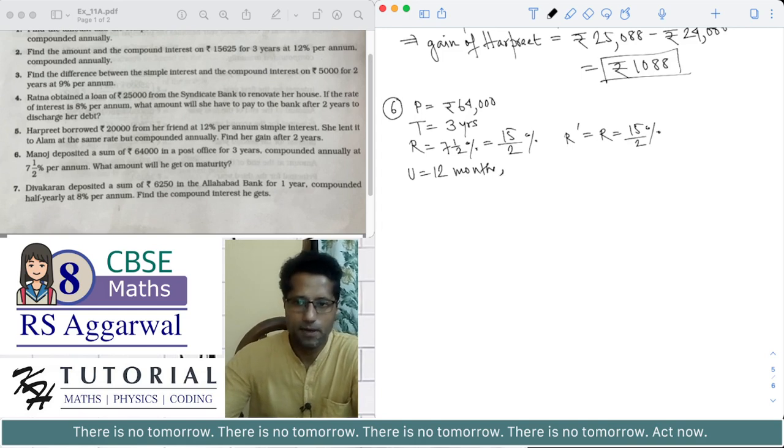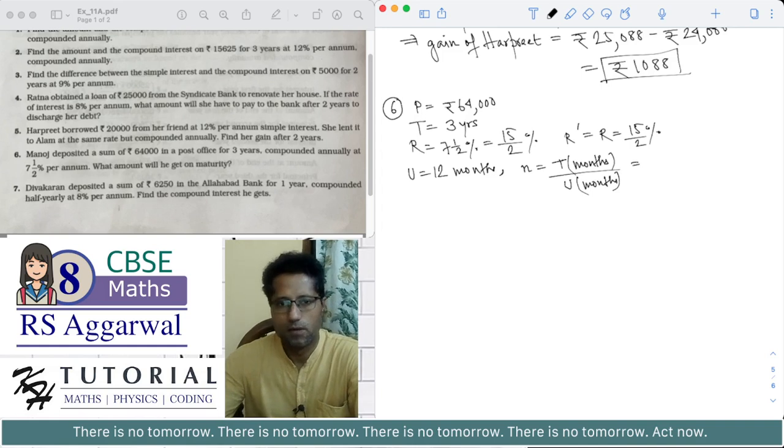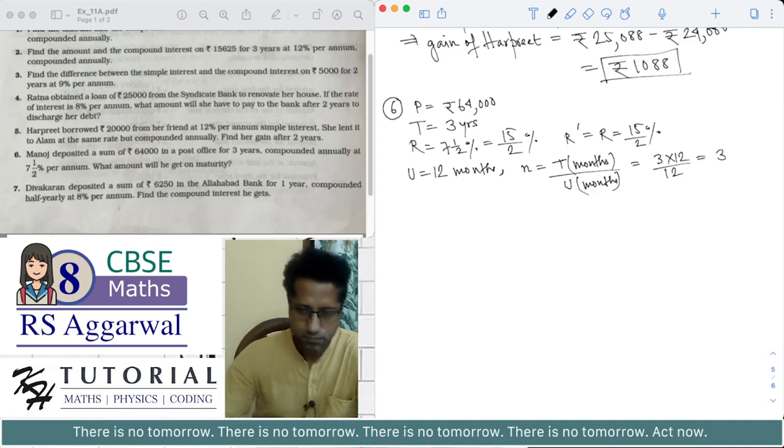Now, how many times will the interest be calculated? The small n is equal to the total time, that is the duration of the loan or the deposit in months, divided by the unit of time in months. This is equal to 3 multiplied by 12 divided by 12, which is 3. Obviously, we have to calculate the interest 3 times.